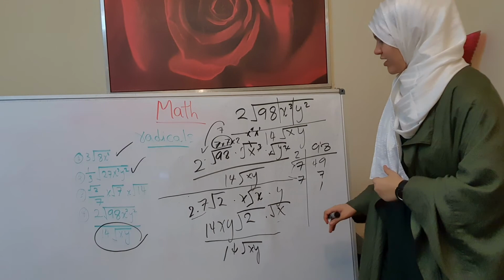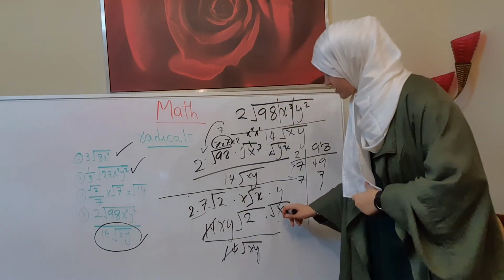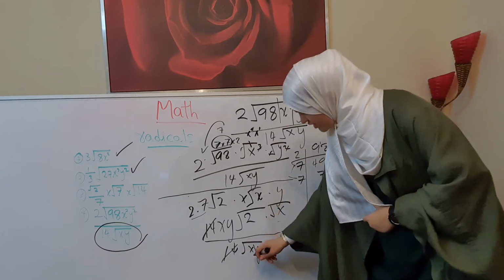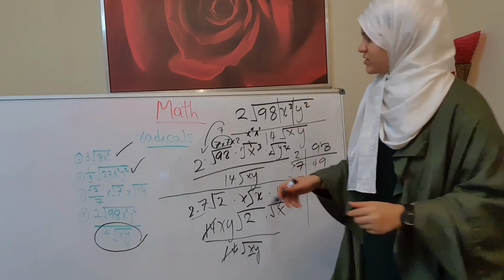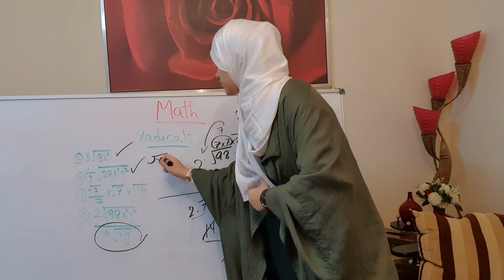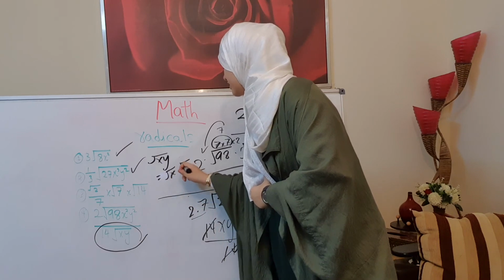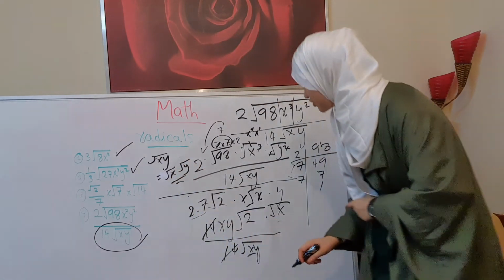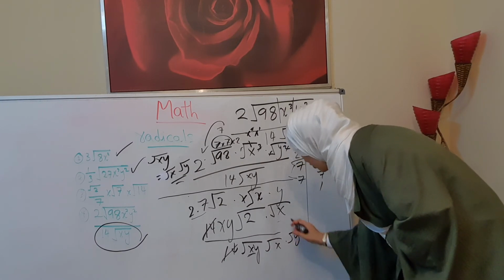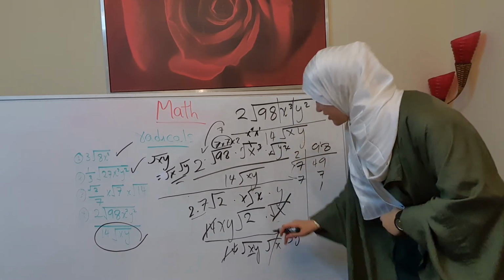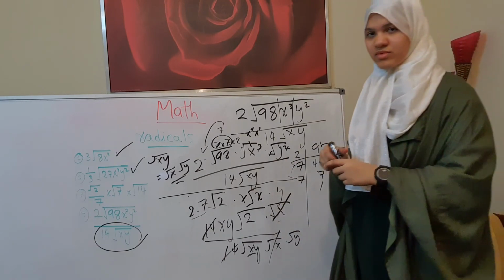Okay. Now we'll cut 14 by 14. And we know that radical xy can be radical x times radical y. So when we do that, we'll cut radical x by radical x. Then what will the last answer be?